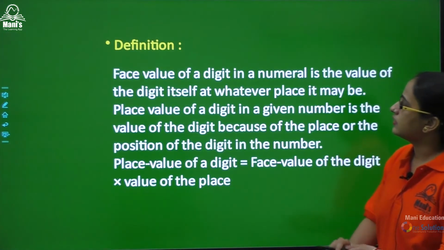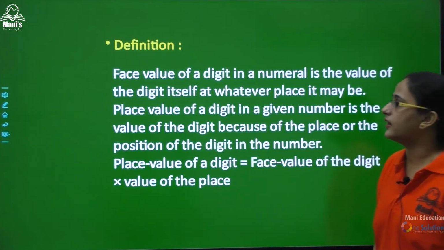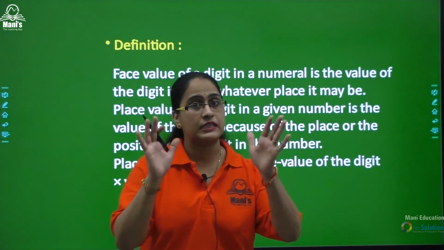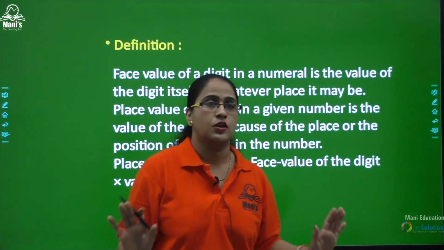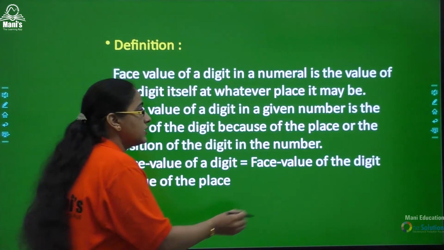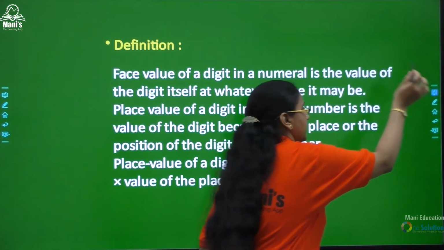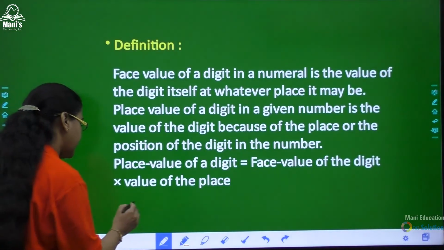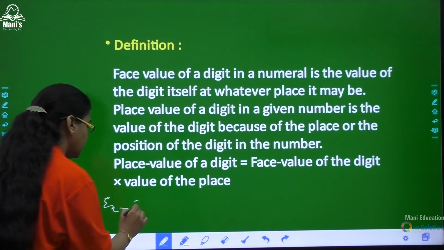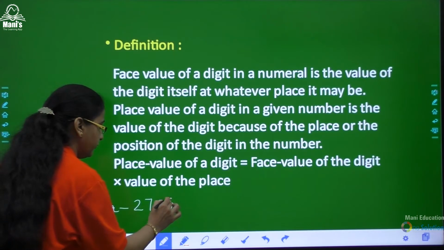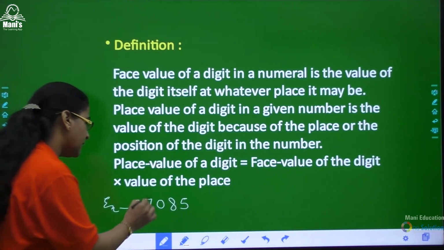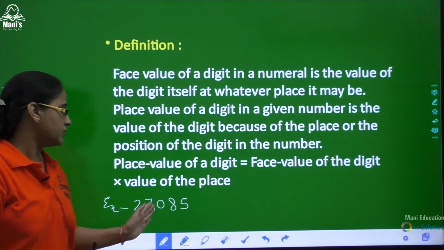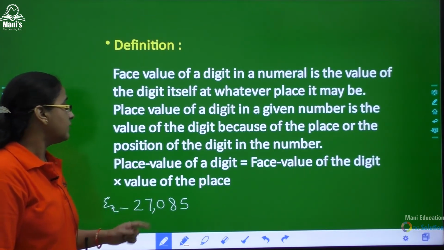Now, next, there are the definitions regarding face value and place value. Whatever is seen in front of you, that is the face. With the help of an example we can understand this topic easily. If I am writing a number 27085, and in this number I am putting the commas also, it is read as 27,085.